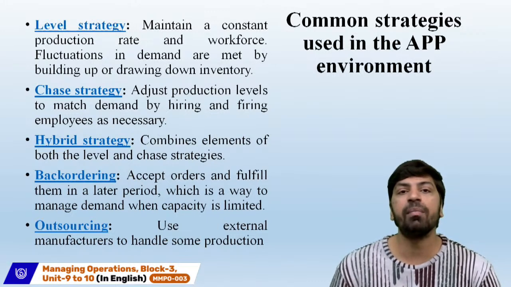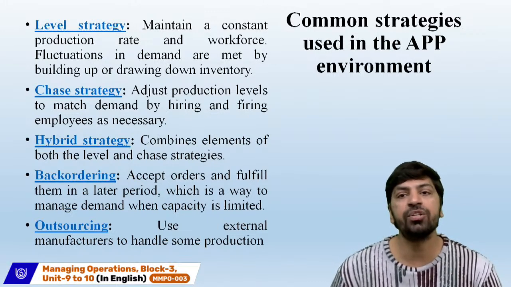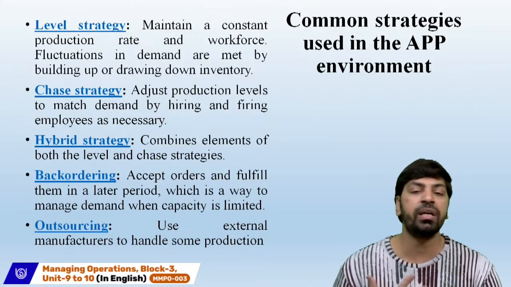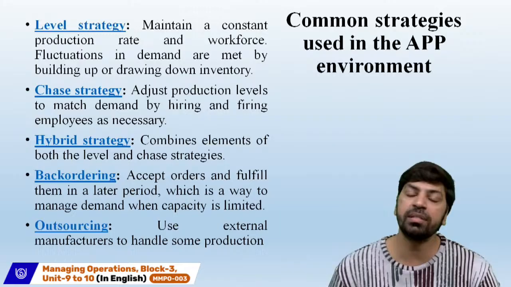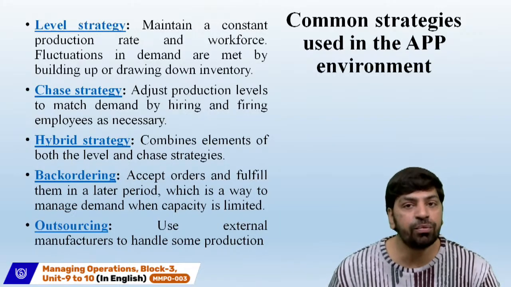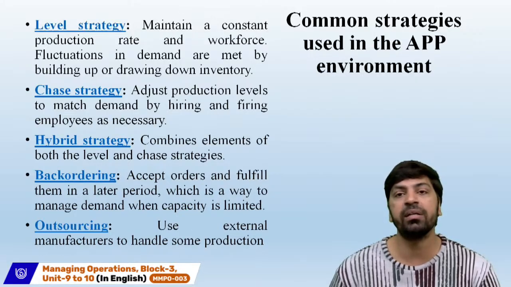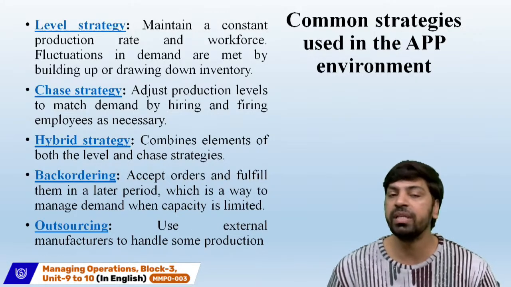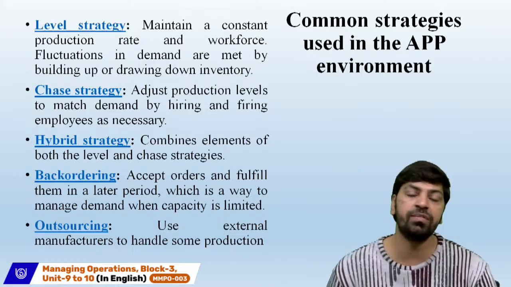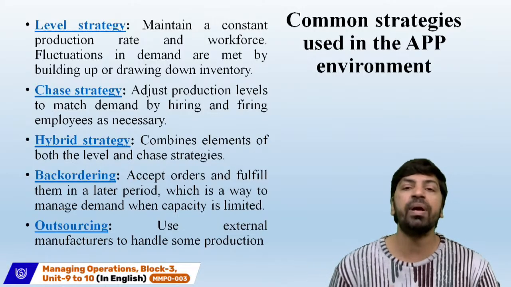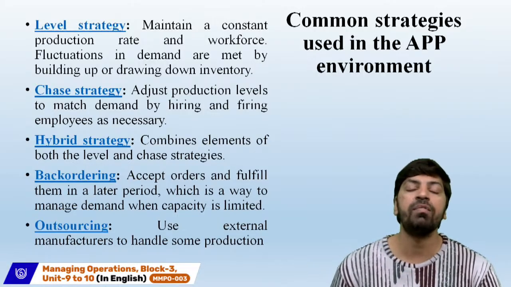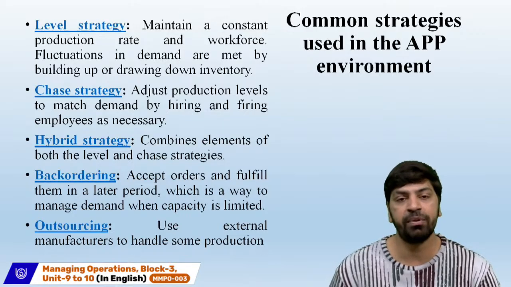Now we can come to the common strategies used in the APP environment. If any aggregate planning process environment has to be maintained, of course they also need common strategies. These are the 5 common strategies which could be used to maintain the environment of the aggregate production process.